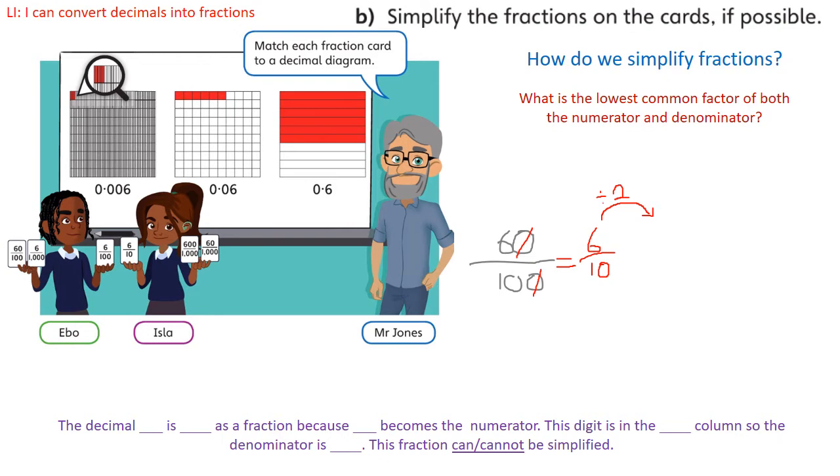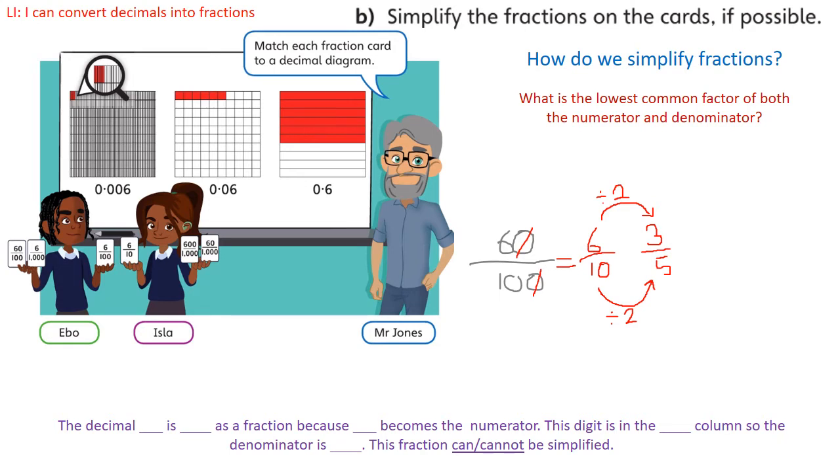So let's have a think. What's 6 divided by 2? Going to give me 3. What I do to the numerator, I do to the denominator. So I'm also going to divide that by 2. 10 divided by 2. Yeah, you're right, 5. So we can say that 60 hundredths is equivalent to 3/5.